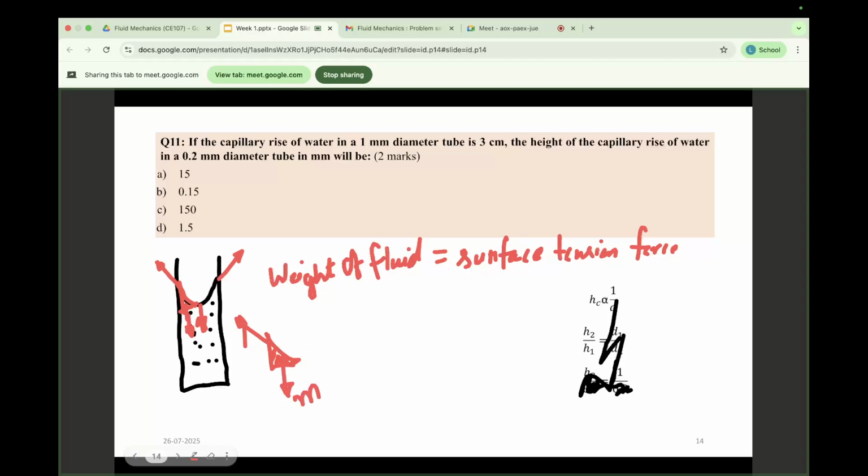The weight means mg, I can write it as mg, and the surface tension force, surface tension can be written as sigma. It will act at an angle, right?